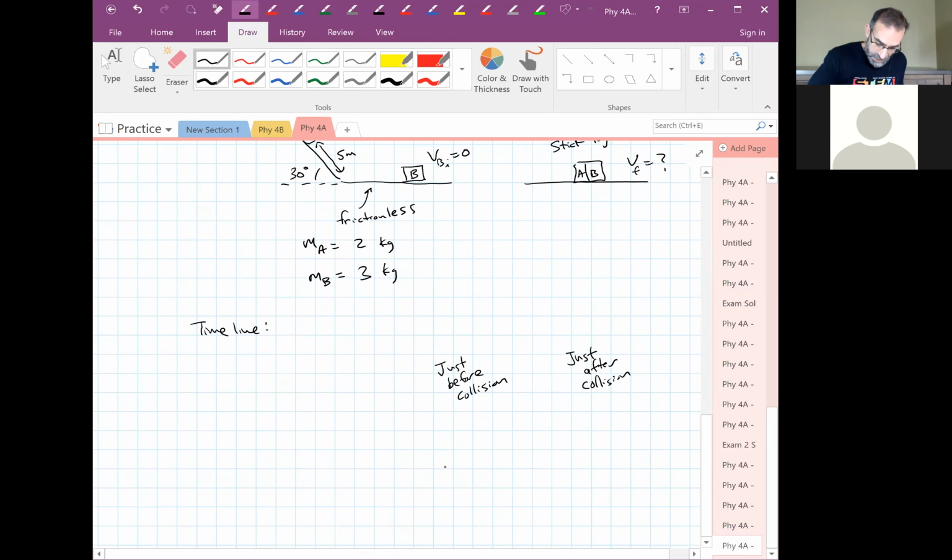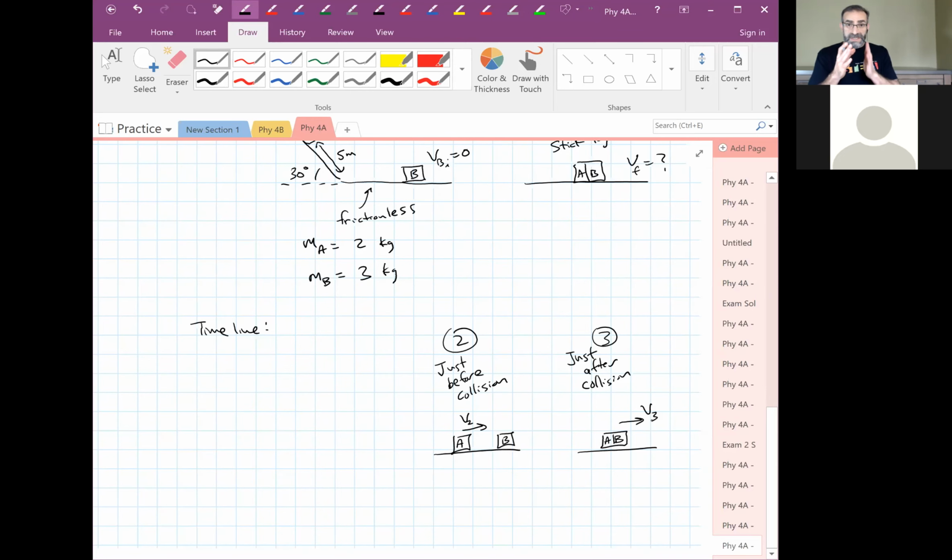Just before the collision, A is coming along, moving at some velocity. I'm going to call this time 2. And B is just sitting here at rest. And then after the collision, I'm going to call that time 3. They're stuck together and moving with some velocity v3.